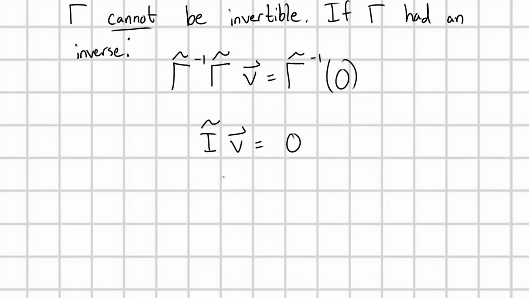And so I would get that V is equal to the 0 vector. And this is a very trivial result. Any matrix operating on the 0 vector is still going to output the 0 vector, right? Which I guess you could say is scaled by some amount because anything times 0 is still 0.